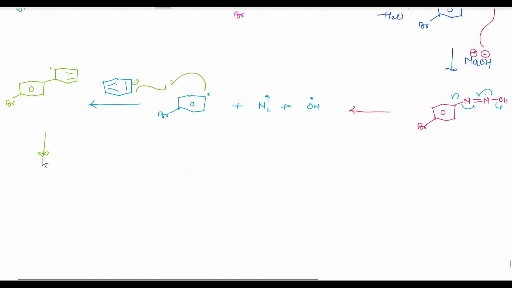In the next step, the OH radical abstracts this hydrogen radical, and this radical forms a double bond, and we get the para-bromodiphenyl compound with loss of a water molecule.